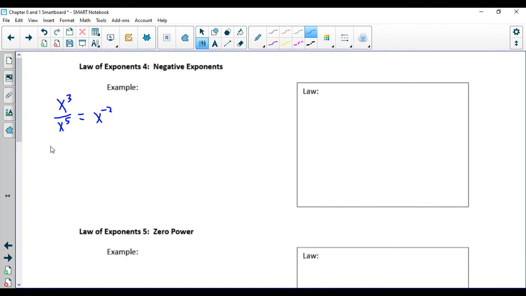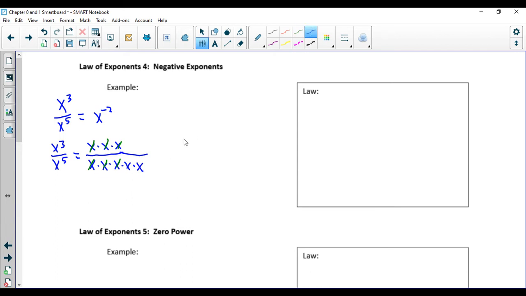Now, if I write this out, x to the 3rd over x to the 5th, that would be x times x times x. X to the 3rd is x times itself 3 times. X to the 5th is x times itself 5 times. And again, these are factors, so I can cancel all 3 of the factors on the top with 3 of the x's on the bottom.